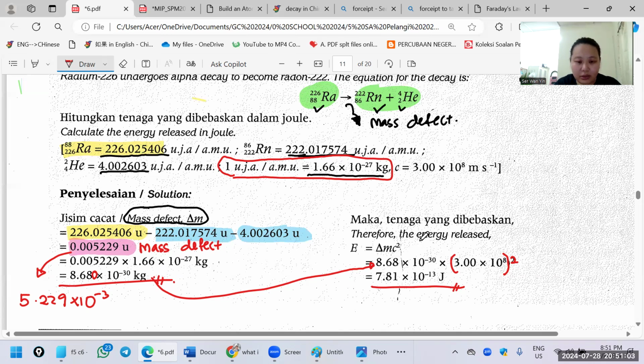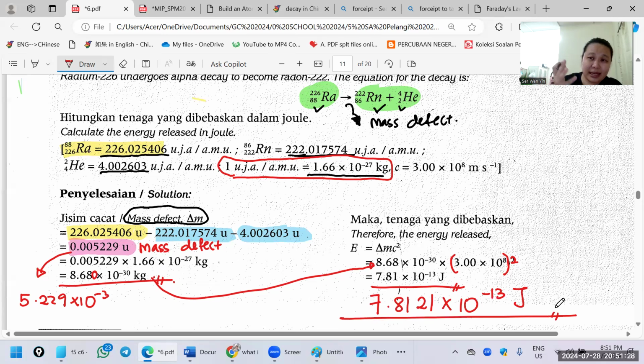Then times c squared, 3 times 10 to the power of 8, bracket squared. Yeah, I will get 7.812126. At least 3 decimals, 4 is better. 7.8121 times 10 to the power of negative 13 joules. Quite easy, right? Just the number is long. And don't forget, change AMU back to kg.